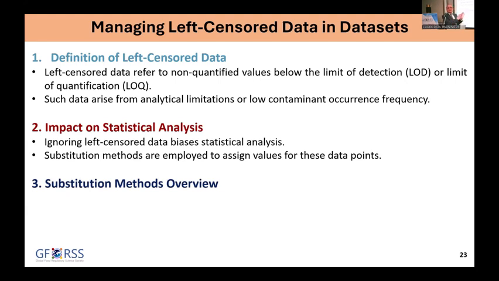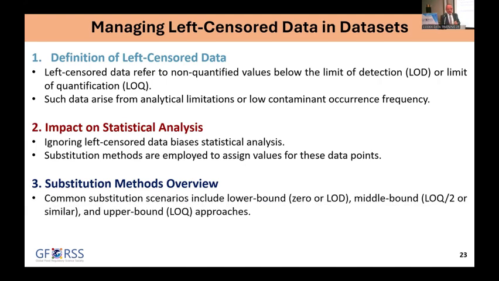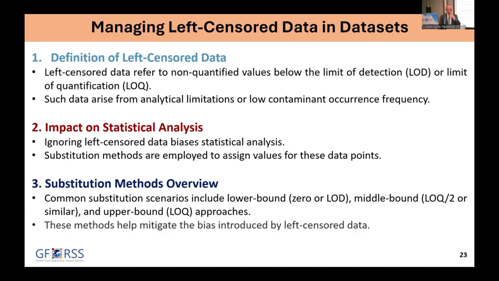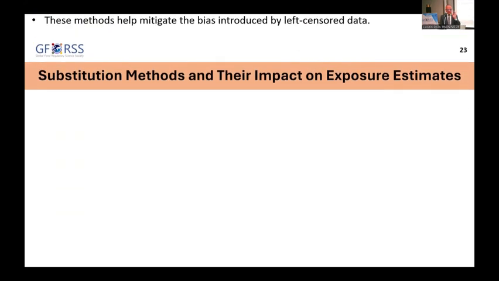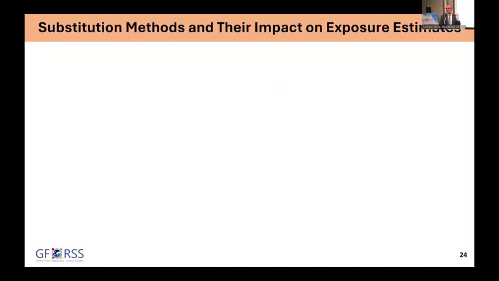We are substituting a qualitative result, not detectable or less than, with a quantitative result. And in this case, the common substitution scenarios are the lower bound, LB, the middle bound, MB, or the upper bound, UB, which is more related to the LOQ. That I'm going to explain now.